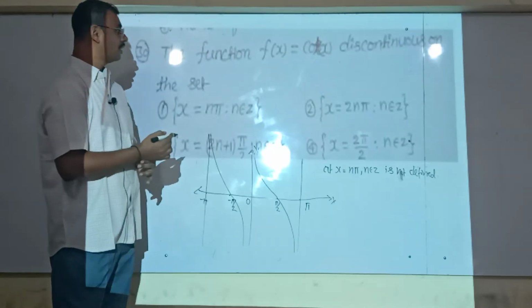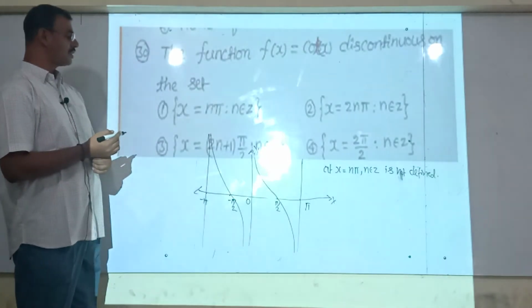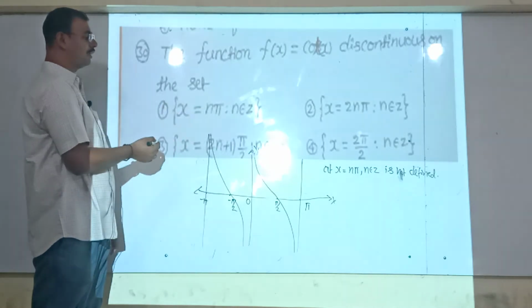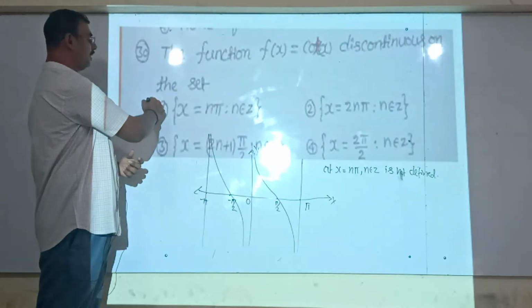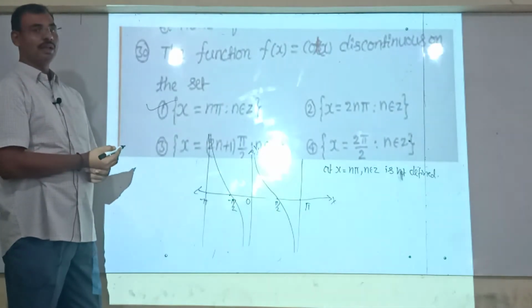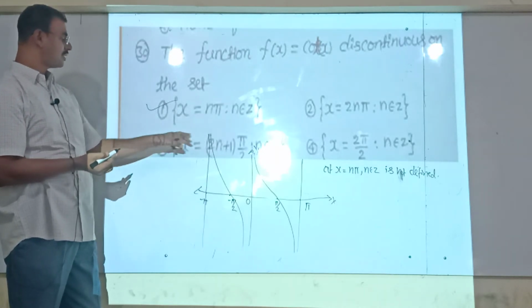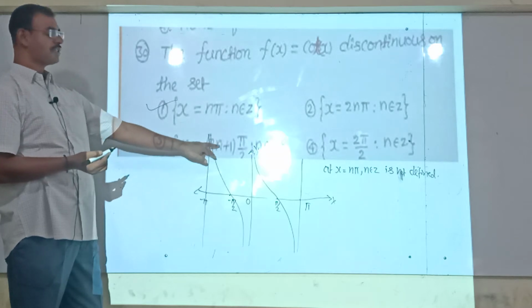So what do you say, where is it discontinuous? The function is discontinuous at all multiples of pi. So the answer might be n pi. Cot x is not defined at all multiples of pi. Cot x is discontinuous at these points.